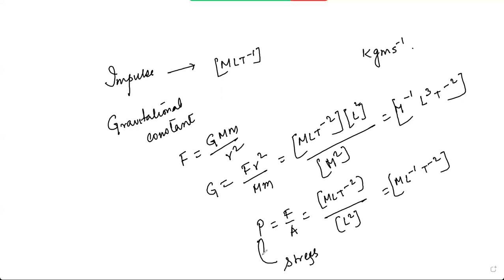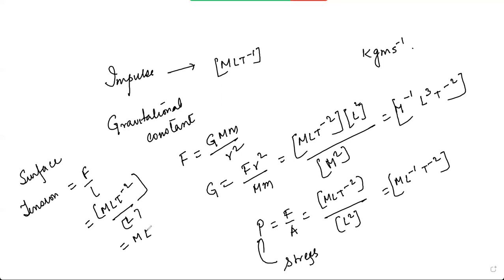Okay. Dimensional formula of surface tension. Surface tension is force per unit length. So M L T^-2 by L. So M L^0 T^-2 is the dimensional formula of surface tension.